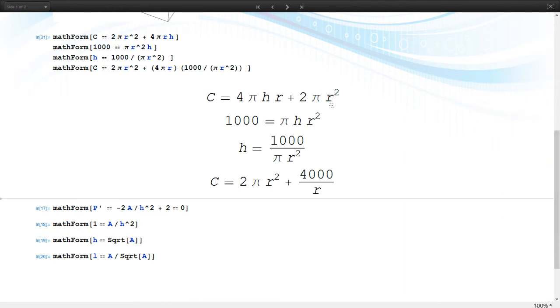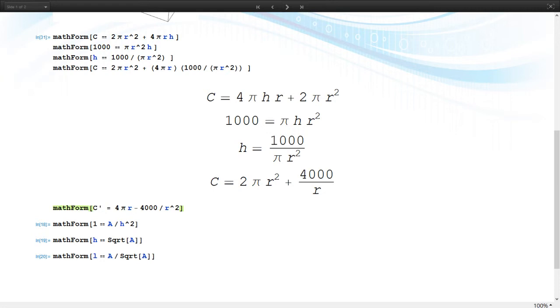So from here, we want to take the derivative. So we get that C prime is equal to 4 pi r minus 4,000 over r squared.